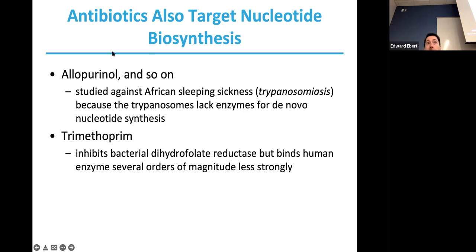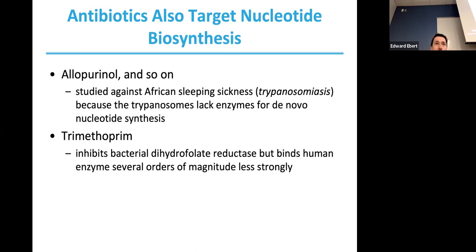Okay. Many antibiotics also target nucleotide biosynthesis. So allopurinol has been studied against trypanosomiasis. Trypanosomes, I was always a little nervous in my lab in grad school because I had my particular project with the cytochrome bc1 complex, but one of the other guys in there was studying trypanosomes.